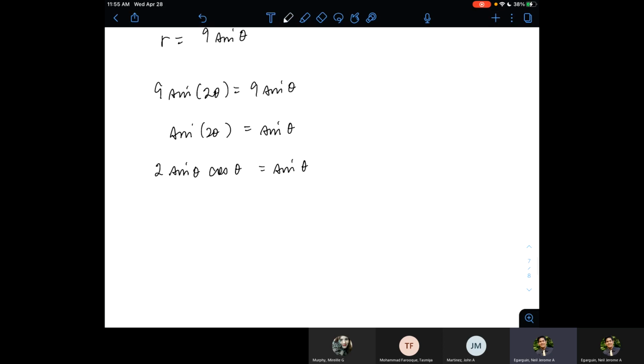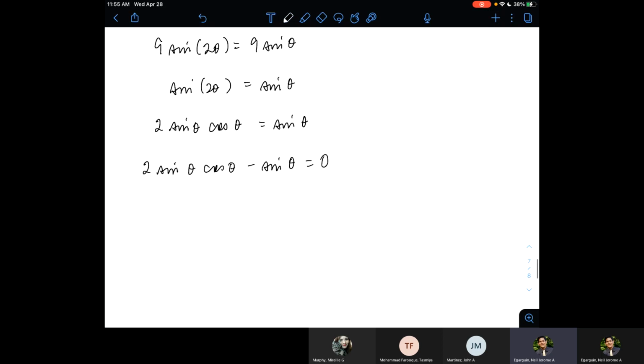And then here you can collect all trig functions to one side, because ultimately your goal is to isolate the trig function to one side. So I want one side to be a constant as much as possible. And look at the left-hand side here. I can factor out a sine theta. So I'll have 2 cosine theta minus 1 equals 0.